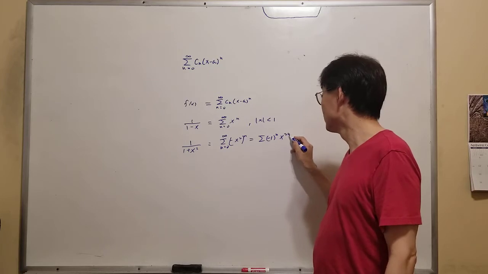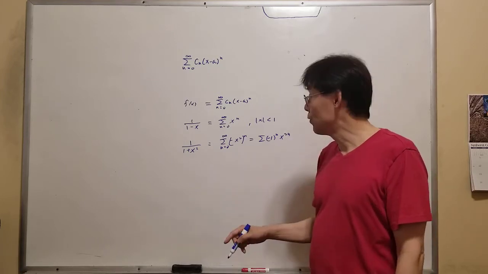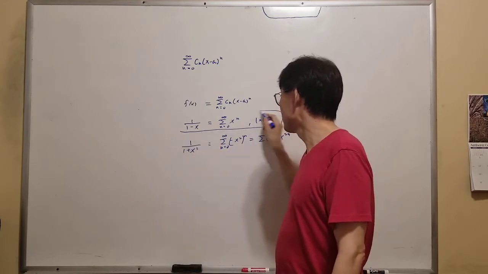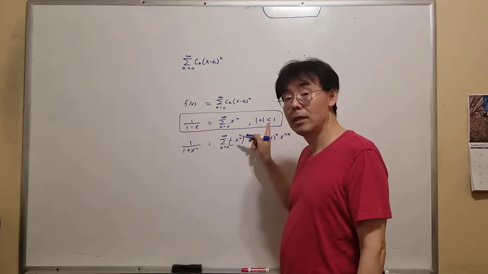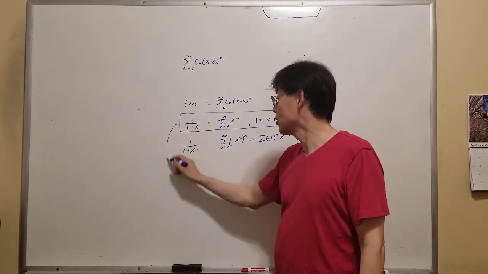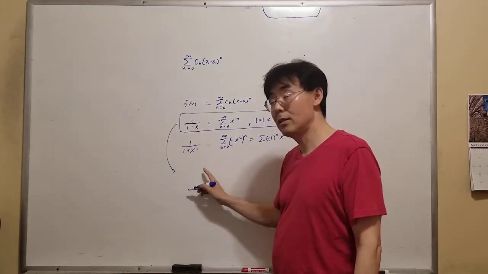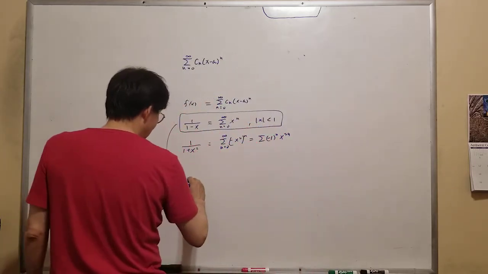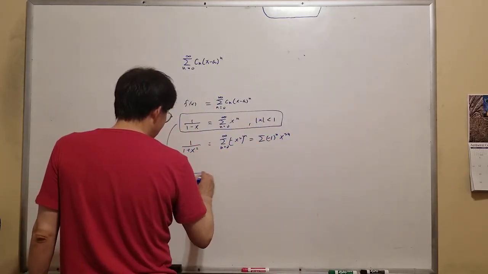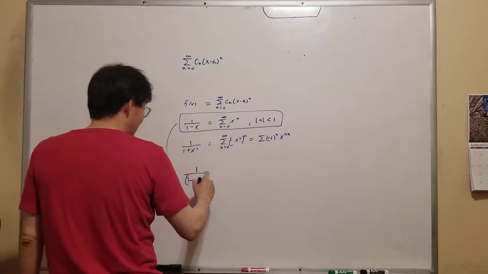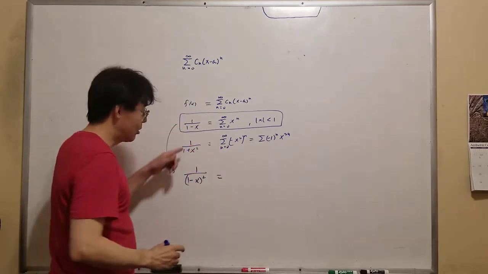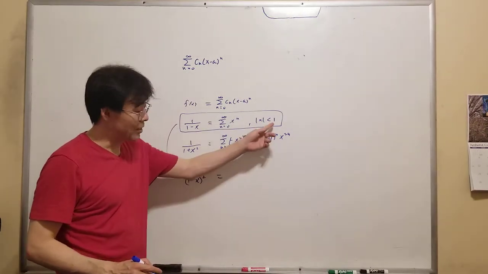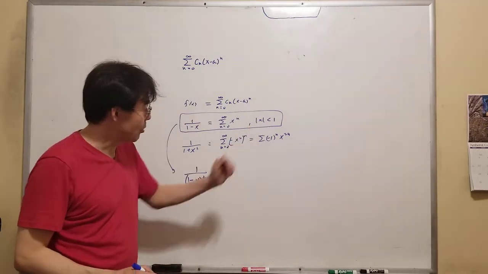And then you learned that if you have a power series representation with some radius of convergence, its derivative, in this case of 1 over 1 minus x squared, also has a power series representation with the same radius of convergence, in this case 1.